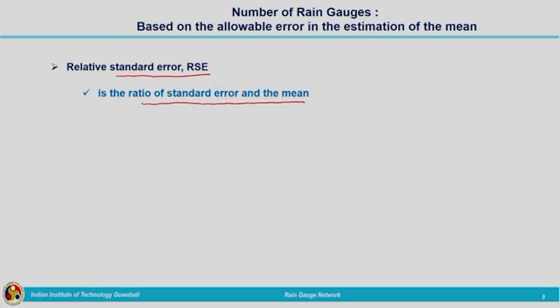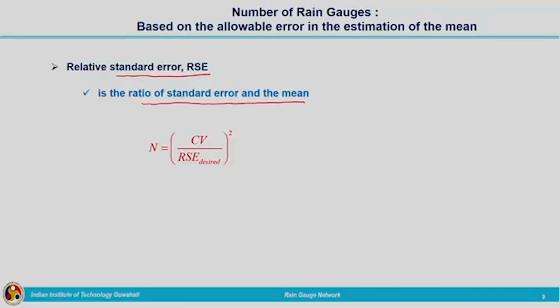So, once the relative standard error is calculated, we can get the desired number of rain gauges by using this formula: n is equal to (CV divided by RSE desired) all to the power of 2, all squared.